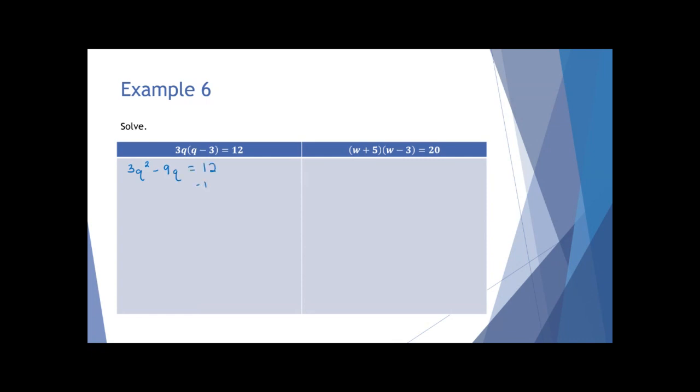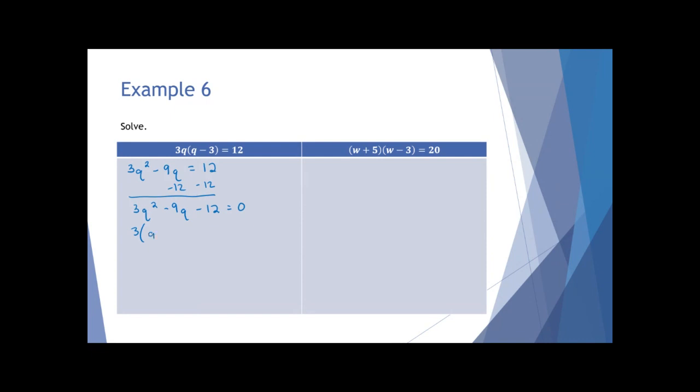Then I need to get everything on one side. So I subtract the 12 to get 3q squared minus 9q minus 12 equals 0. Now I notice that I can factor 3 out of here, so that's going to make my life easier.